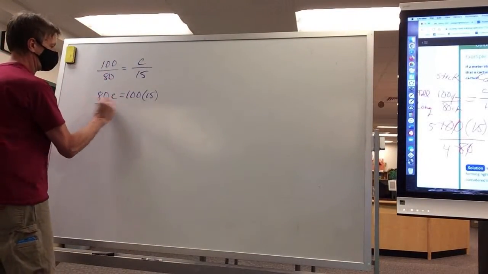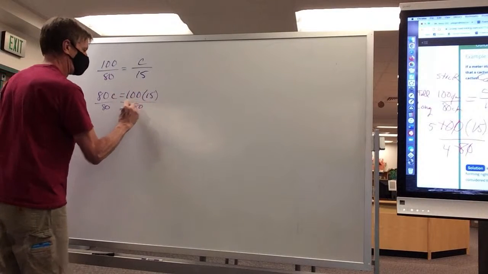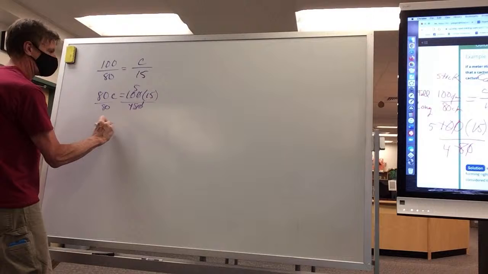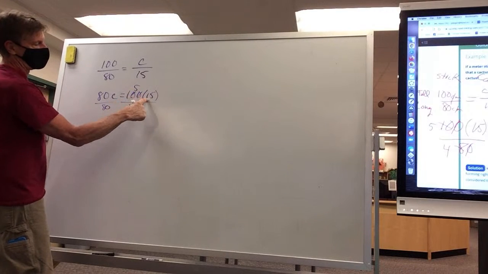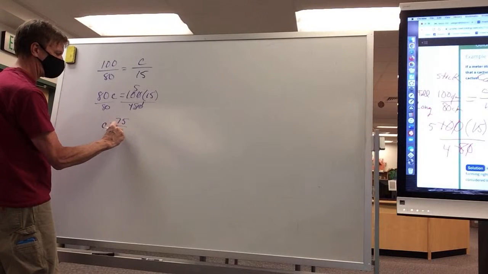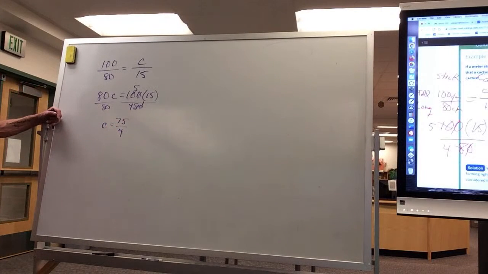So then in this case here, if we divide by 80, that's 5 over 4. That's C is equal to 75 over 4. Am I doing this correctly? I think so. Okay, thank you. Good. And this is going to be meters.